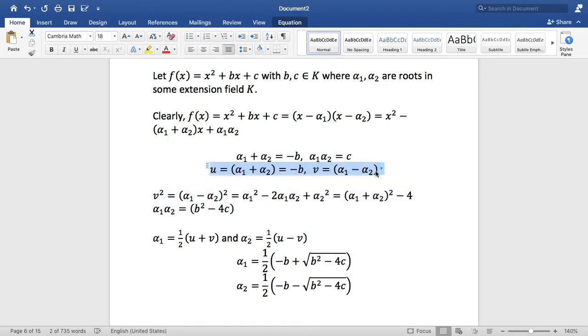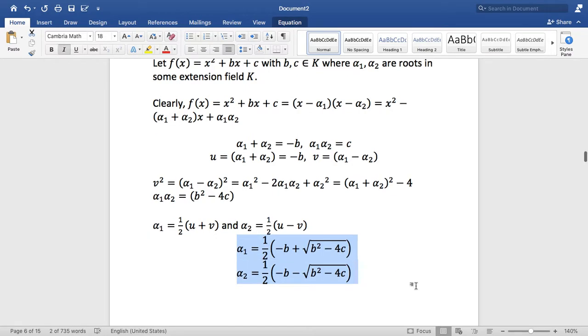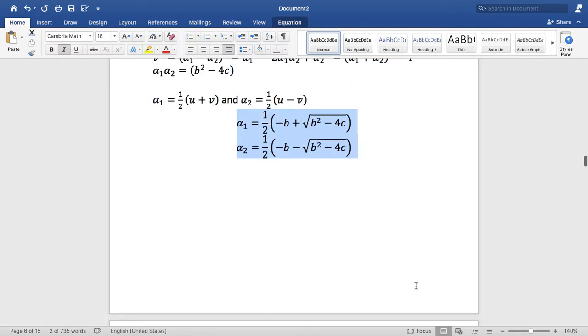I recommend a separate sheet of paper and try working these out algebraically. But we know what u and v are, right? So we just plug in: u is alpha 1 plus alpha 2, v is the square root of b squared minus 4c, and then you're going to get the solutions that you've known since high school.